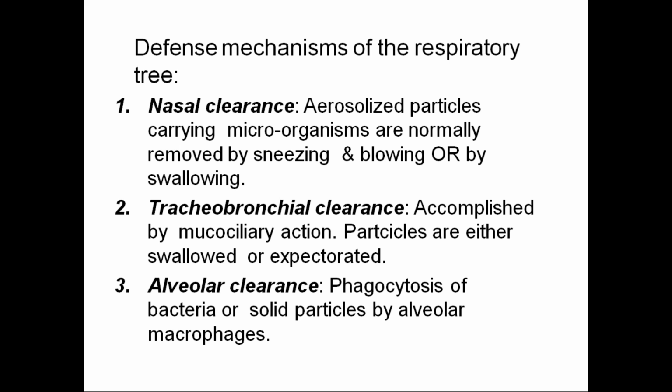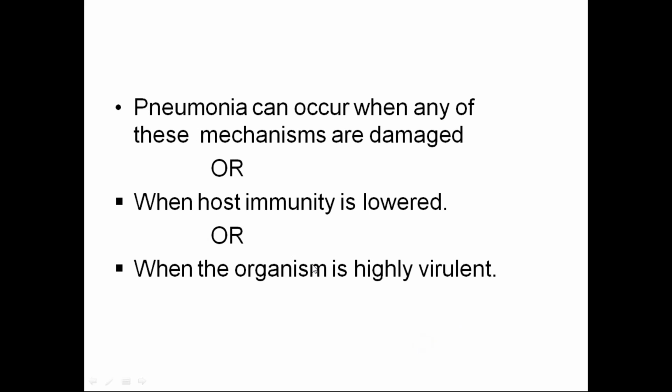Tracheobronchial clearance is accomplished by mucociliary action. Particles are either swallowed or expectorated. And alveolar clearance is the phagocytosis of bacteria or solid particles by alveolar macrophages, otherwise known as dust cells, because they engulf the inhaled dust particles.